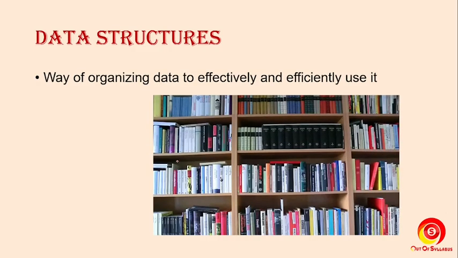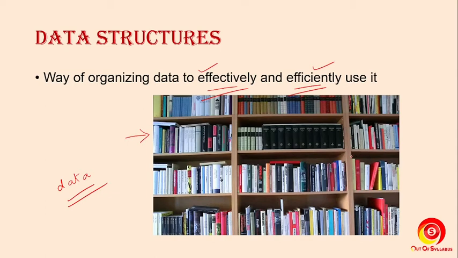Next, as I said before, if we want to use raw pieces of information, that is, if we want to use data effectively and efficiently, these are the two keywords that you need to remember, effectively and efficiently, then we need to organize this. Here we can see a beautiful example of a bookshelf. Suppose that we have all these books scattered in our room.